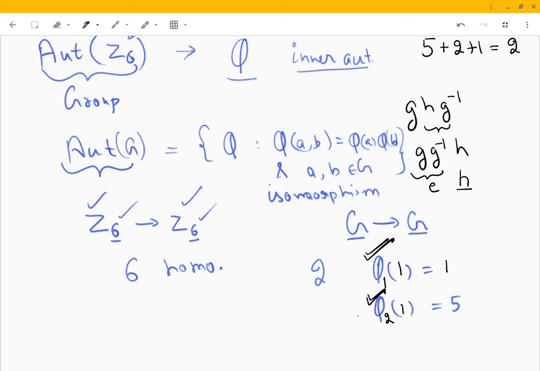Because in this particular group, 1 is a generator of the group. So we can operate 1 six times and get back to the identity. So we will get 6 images of 6 elements.